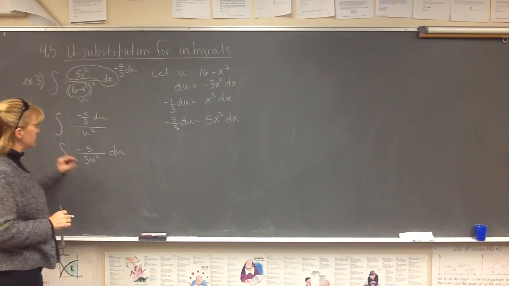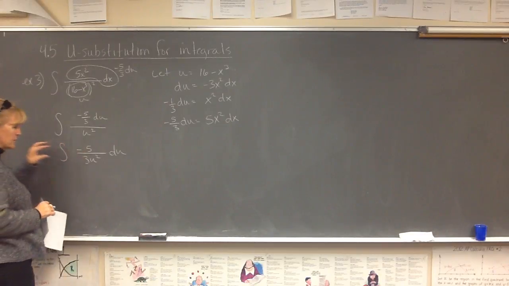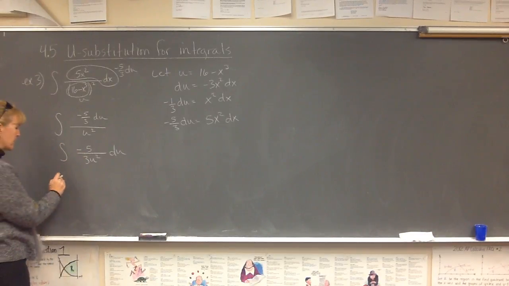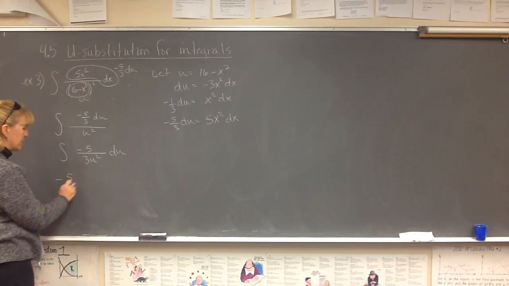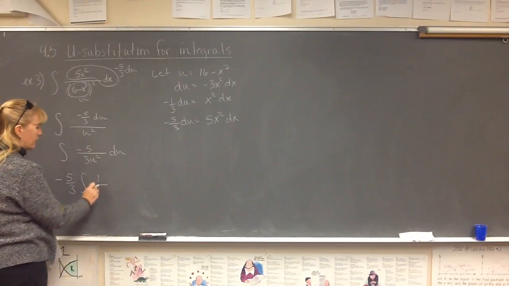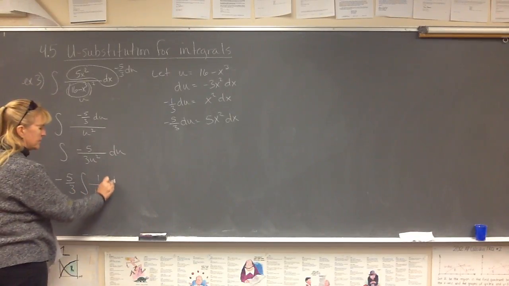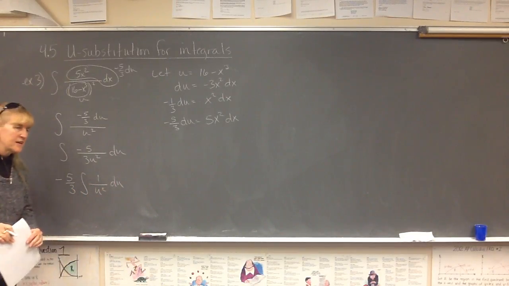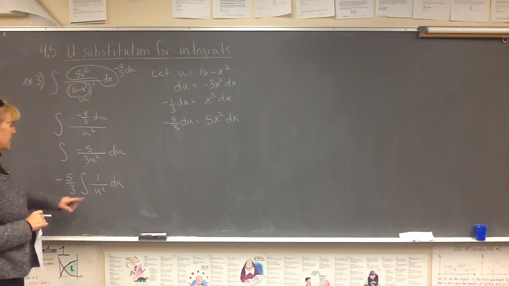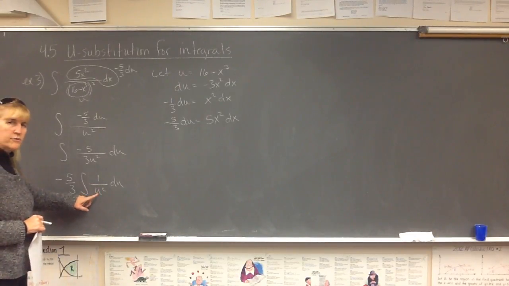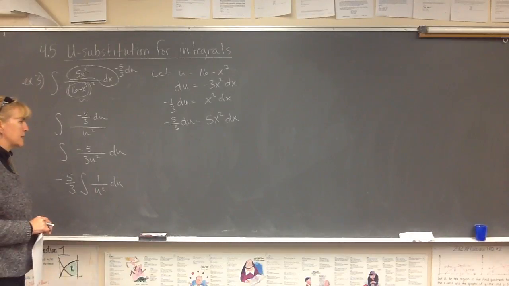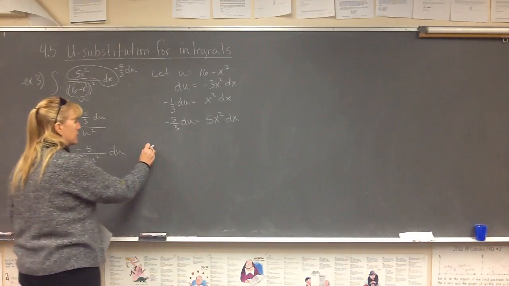And I'm going to also take a moment just to get that coefficient completely to the outside. So I have a negative 5/3 times the integral of 1/u squared du, which you can tell I'm taking some baby steps here. But now I'd like that 1/u squared to be rewritten so that I can use a power rule, which I will do.